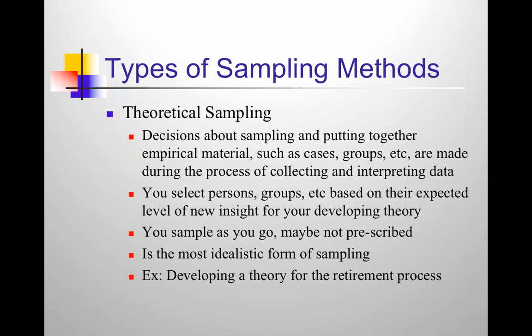In a nutshell, you're determining during the course of the study, in that circular process, as you follow the data, collect data, and interpret the data, and you learn new things about the object of study, that will determine who you should be sampling next. So this is like the gold standard of qualitative sampling.